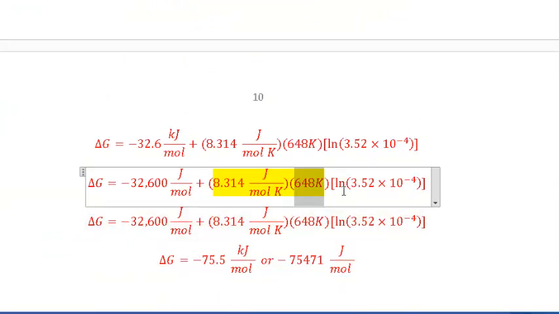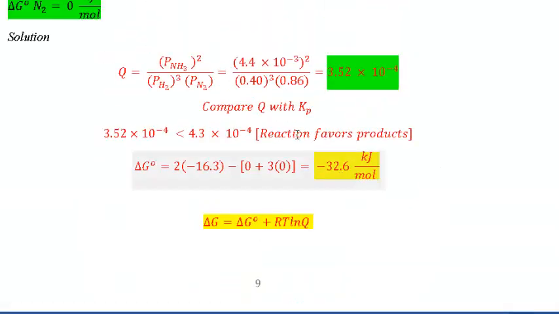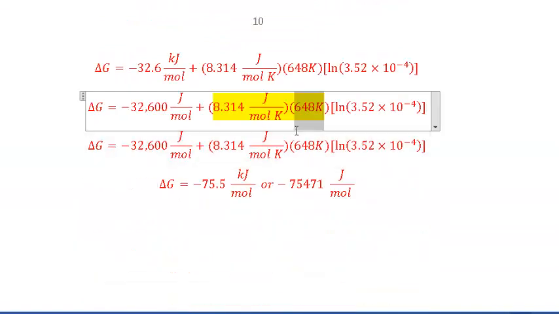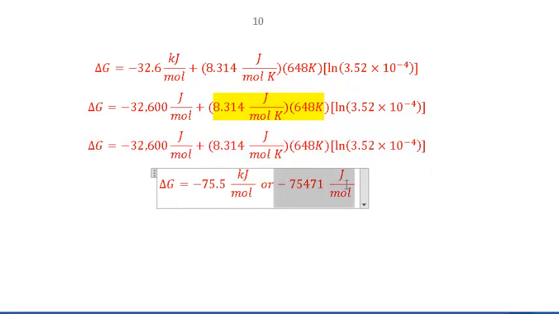And natural log of Q. We already computed Q up above here. So doing all of this math on my calculator, I get a value of minus 75,471 joules per mole, or, for simplicity, minus 75.5 kilojoules per mole. So the delta G is exergonic under non-standard state conditions.